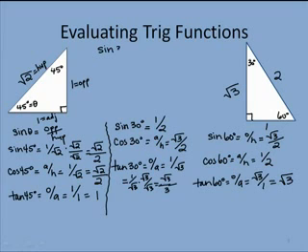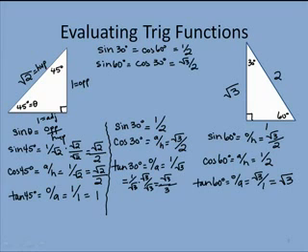Sine of 30 degrees equals cosine of 60 degrees, and both of those equal 1/2. We also have sine of 60 degrees equals cosine of 30 degrees, and those ones equaled the square root of 3 over 2.